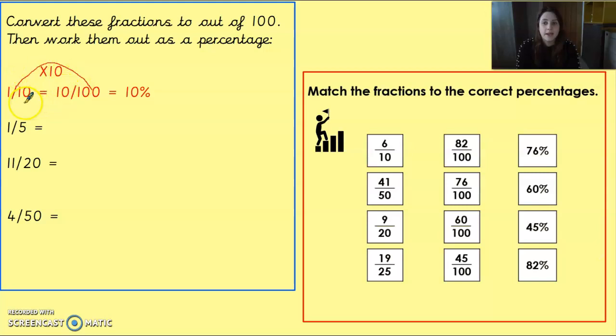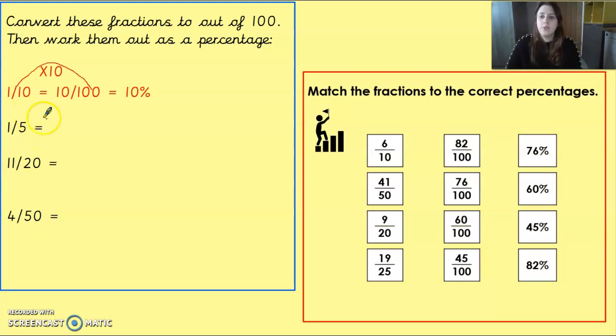I've converted my tenth into 100ths by timesing it by 10, which means it becomes 10 100ths. And then that means that 10 100ths is the same as 10%. So what I'd like you to do is have a go at the other 3 questions. Pause the video and have a go. You first need to convert them out of 100 and then that would give you your percentage.